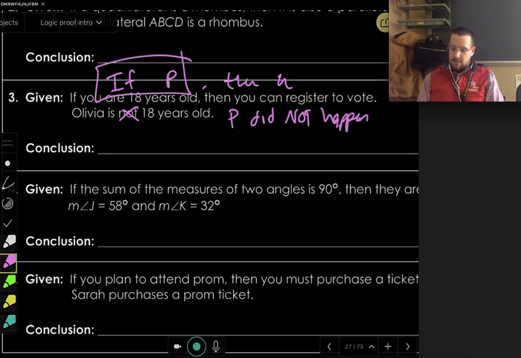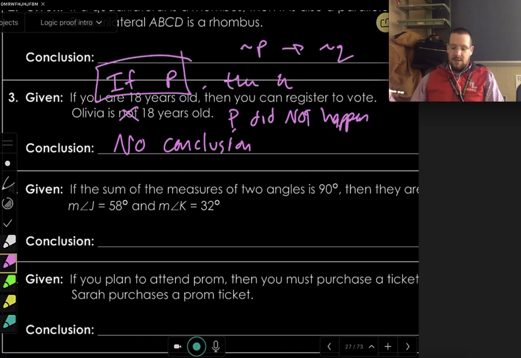So there's no conclusion. We can't conclude anything about it. We can't conclude that she didn't register to vote, right? Because that would be if not P, then not Q. We can't conclude that, not from the law of detachment. The law of detachment only says that when P happens, Q happens. If P doesn't happen, we don't know about Q. Not from the law of detachment.